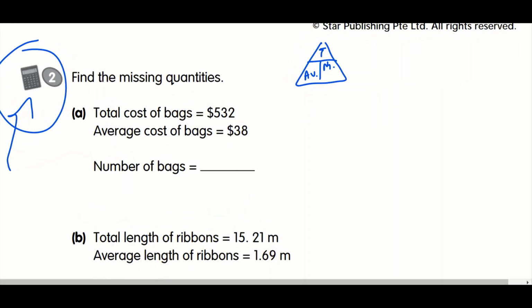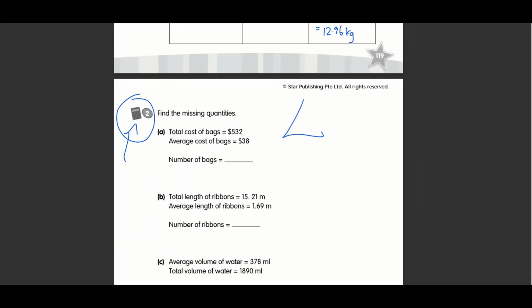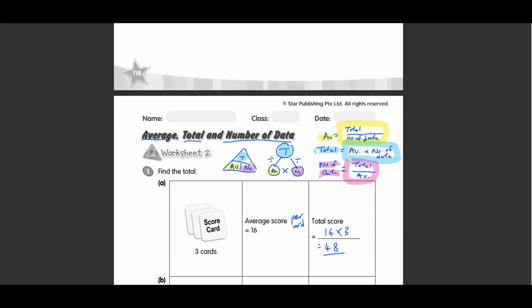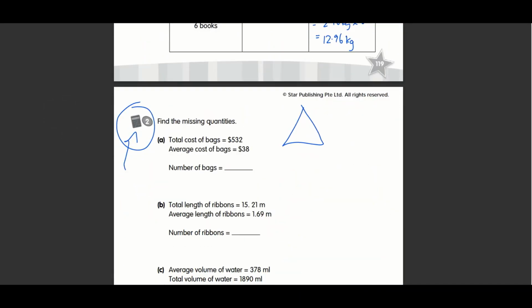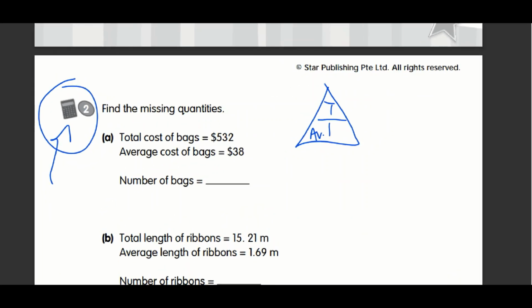I should have written this a little bit bigger, so let me just do it over. If you're wondering what I'm talking about, it's the same one I've been repeating: total, average, and the number of data.